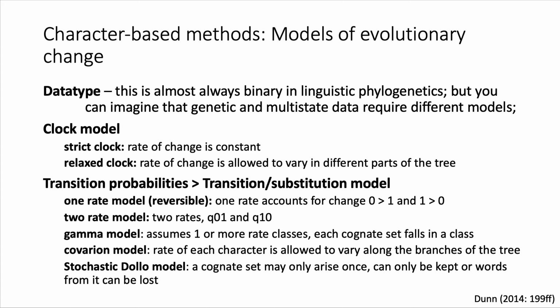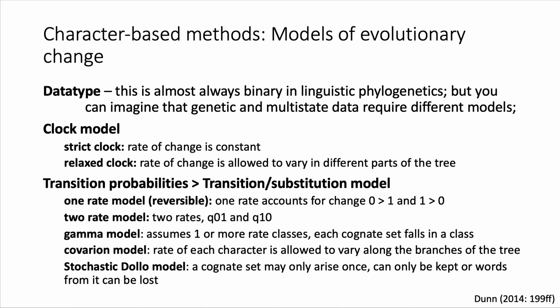But you can imagine, for example, that genetic data and multi-state data require different models. You can also imagine, as some have done, phylogenetic studies of data that's not lexical. This is often called structural data, where people take typological parameters and estimate trees on the basis of those. So this is one thing to look for in your search for more information on this topic.